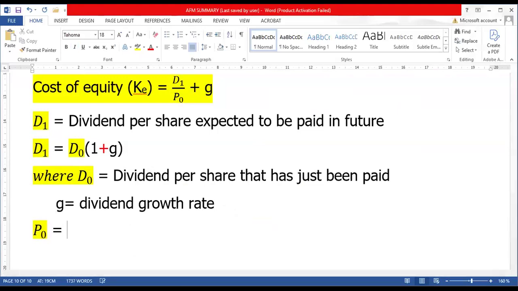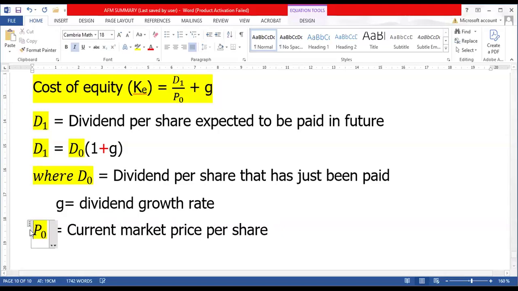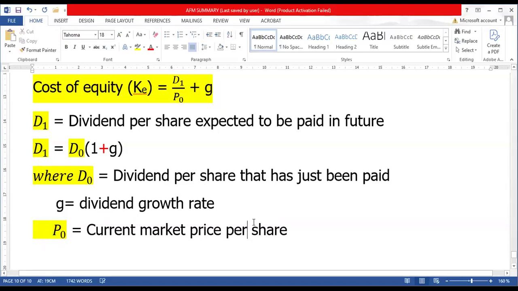P naught is the current market price per share. The share we are talking about here is the ordinary share. This is ex-div, not cum-div.